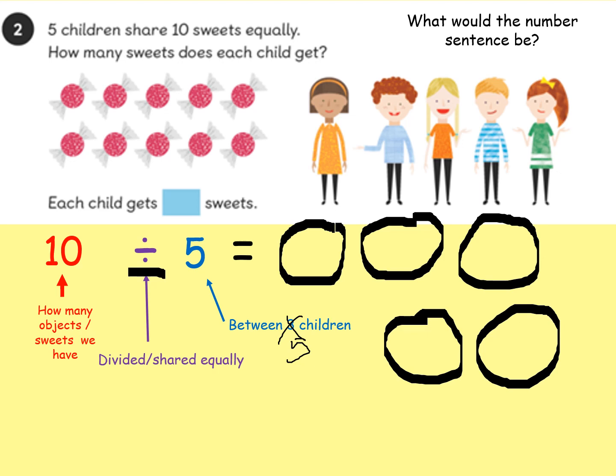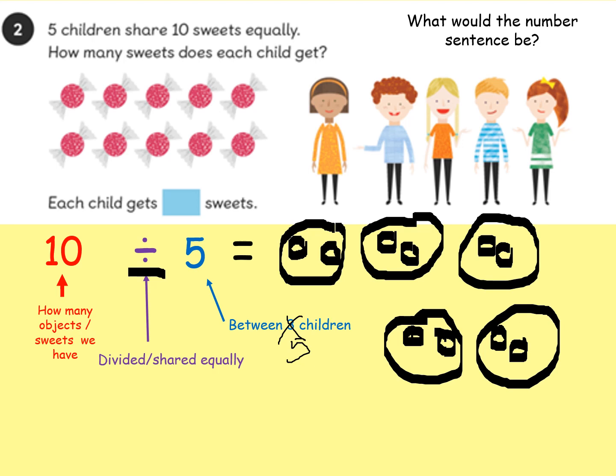I'm going to put 1 in each and count to 10. So you watch me. See if you did it like this. So we go 1, 2, 3, 4, 5. Give another one 6, 7, 8, 9, 10. I have to stop there because I only had 10 sweets.